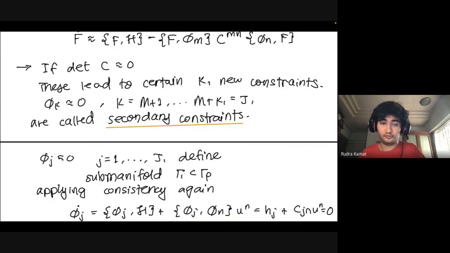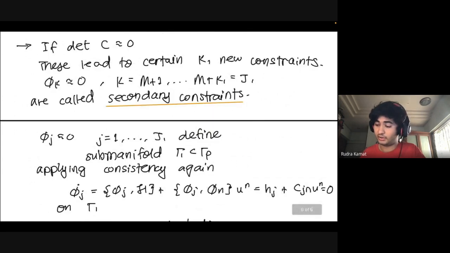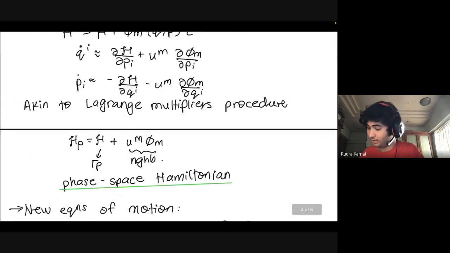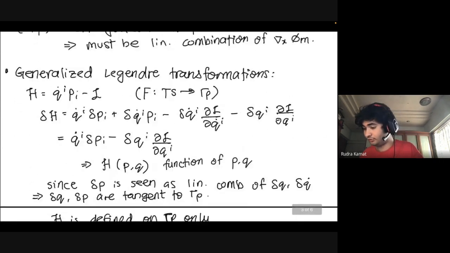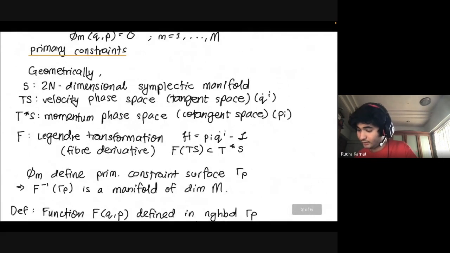If the determinant of c is zero, then we can't invert, we can't solve for u_n, and we are faced with new constraints which are called secondary constraints. Note the difference from the primary constraints. This terminology is kind of confusing and might take time to get used to.